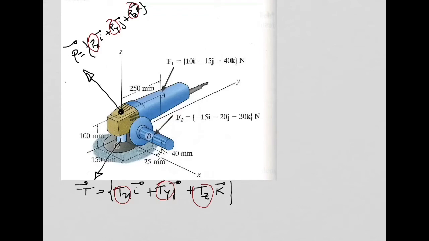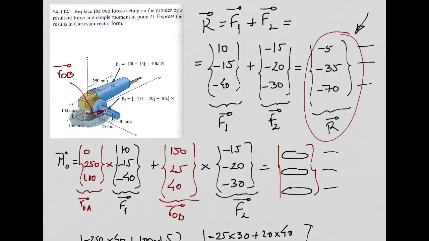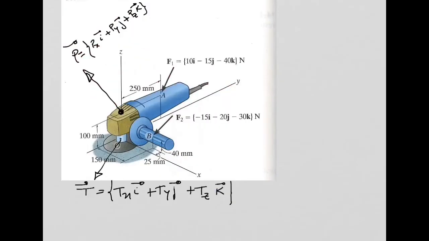So let's do that. What do we have to do for this modified problem? Let's use the same point O to get our moment and the resultant of the forces. For the resultant, I'm just going to copy this. Let me select this, copy, and paste it here.